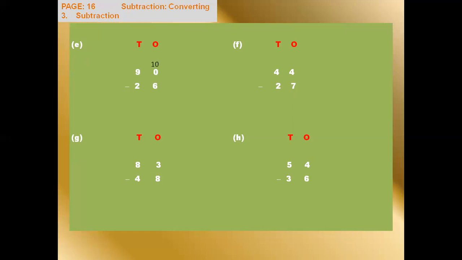And then 9 gives 1, so it becomes 8. Now we will start the subtraction. 10 minus 6. Draw 10 lines here: 1, 2, 3, 4, 5, 6, 7, 8, 9, 10, and then cut 6 lines. So the answer is 4, because 4 lines are left. Then 8 minus 2: draw 8 lines, then cut 2. Answer is 6.